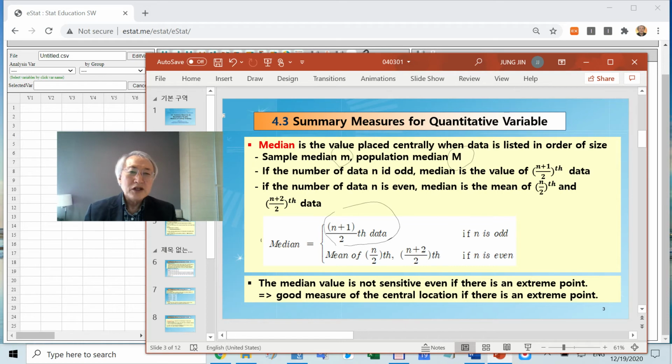Therefore, we take the fourth data and fifth data simultaneously and take the average. That is this formula. The median is not so sensitive to outliers. Therefore, as an alternative, if there is an extreme point, you may use the median. Okay.